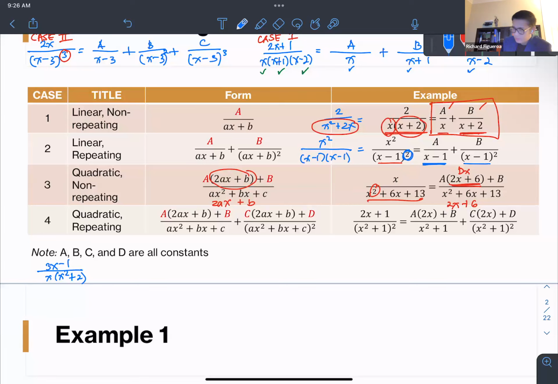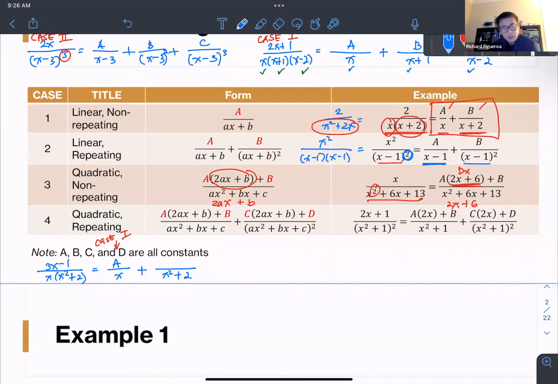One is x, and the other one is x squared plus 2. x squared plus 2 is no longer factorable, so x squared plus 2 cannot be factored out, nor x. So this one is case 1, because that is linear, non-repeating. I did not repeat. So linear, non-repeating. So I'm going to write here as a.